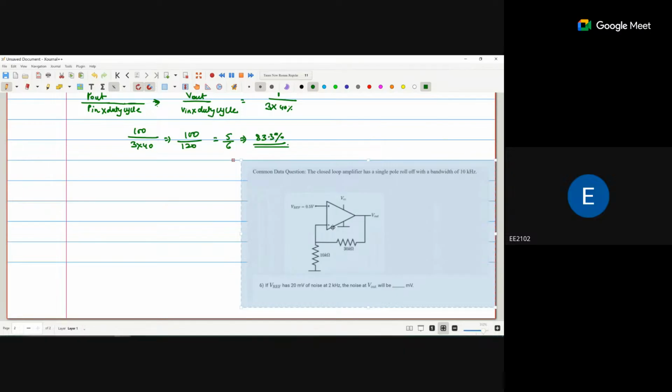In question number 6th, we have a single pole roll off with a bandwidth of 10 kilohertz. What is the meaning of this? Any idea?